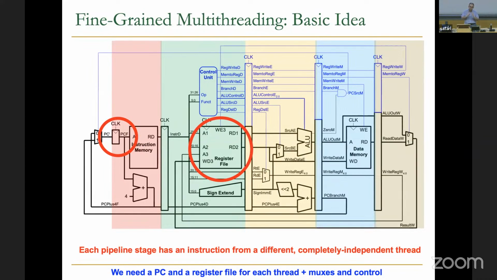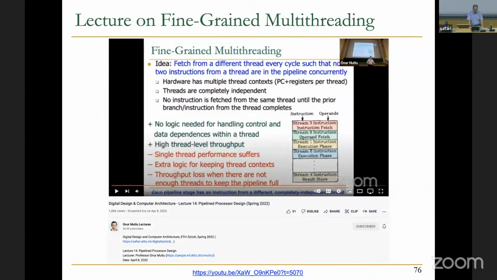That's the beauty of GPUs and how they provide a lot of good performance, but at the cost of something like a 256 kilobyte register file per GPU core. If you want to learn more about fine-grained multi-threading, I would encourage you to watch this lecture from the past. It's a beautiful lecture and it's quite insightful.